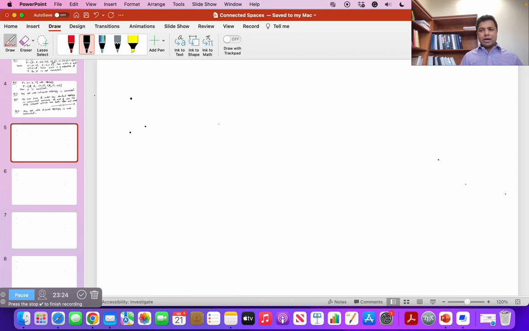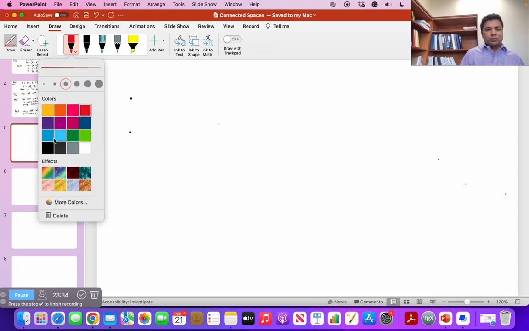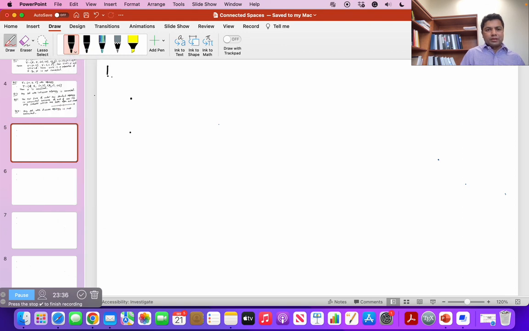To describe the connectedness of a subspace in a topological space, we need a lemma. Let me give you this lemma without proof; if you are interested in the proof, you can take a look in Munkres's book.